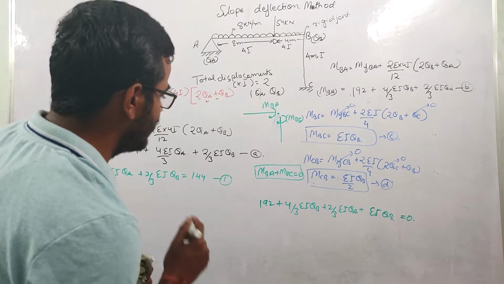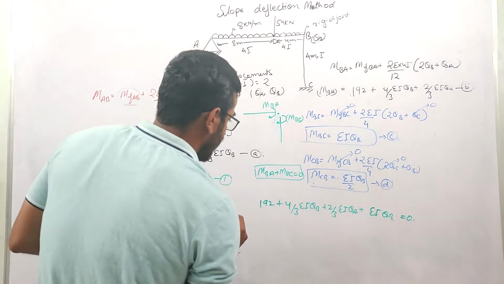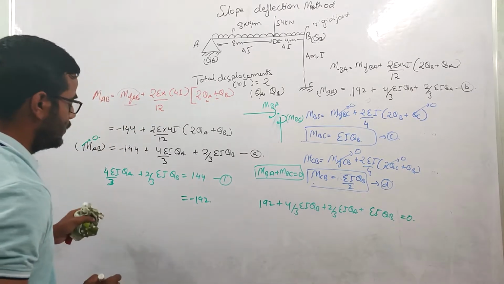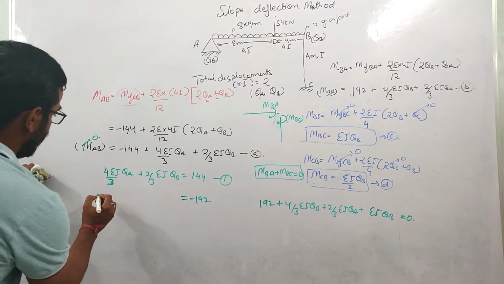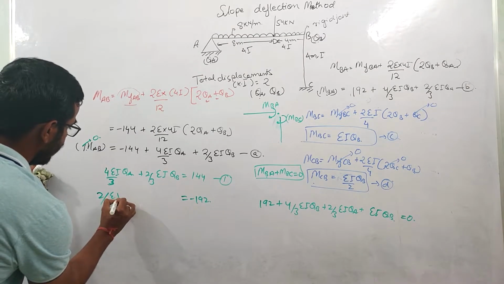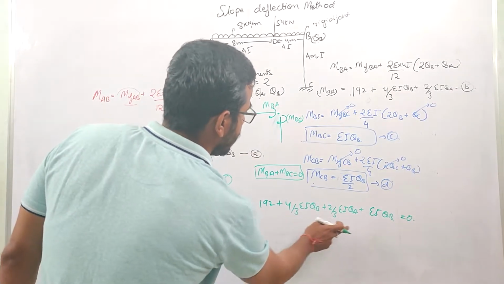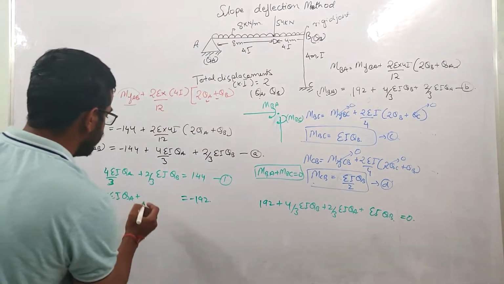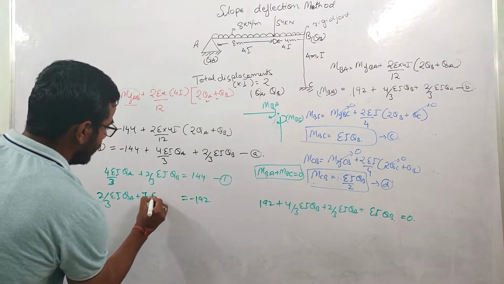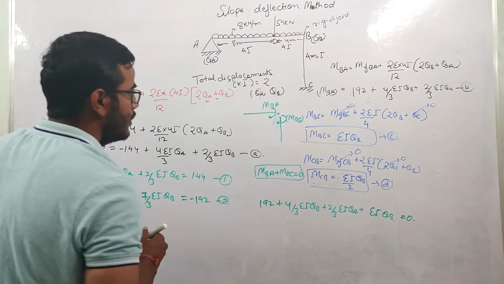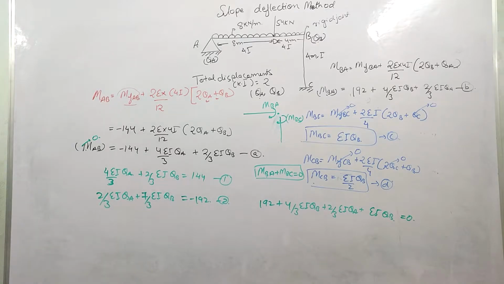If I solve this, this is 192, so I will be getting 2 by 3 EI theta A plus 4 by 3 plus 1 EI theta B, which will be equal to 7 by 3 EI theta B, equals minus 192. So this is equation number 2. Now we need to solve these two equations.